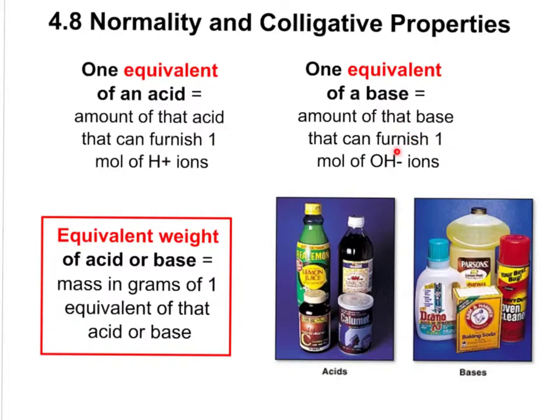Since bases produce hydroxide ions, acids donate protons. So that is the definition of an equivalent. The amount of the base that can provide a mole of hydroxide ions, or the amount of the acid that could provide a mole of hydrogen ions.